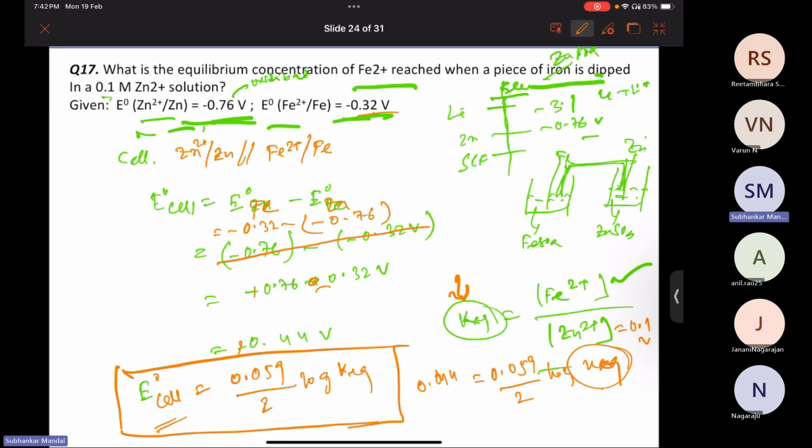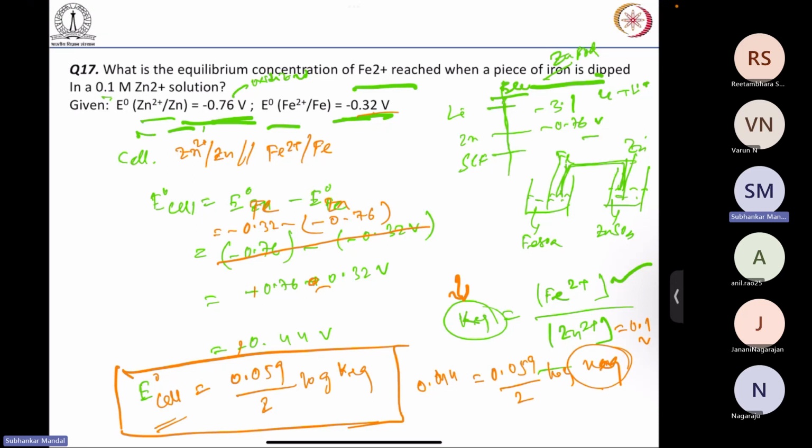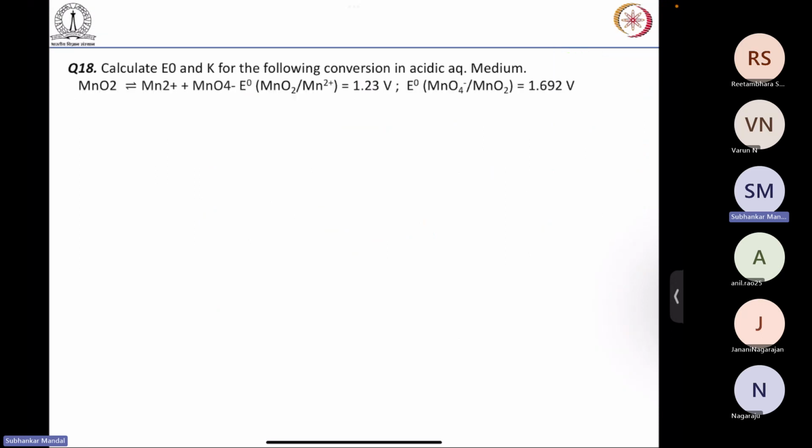Okay, so next question. I think there is any other question. Yeah, I think this may be the last. Calculate the E naught and K for the following conversion in acidic aqueous medium.